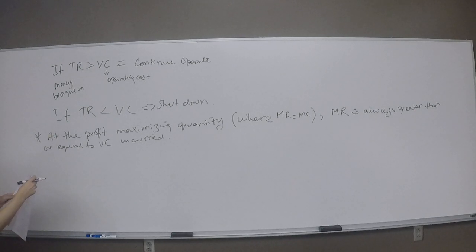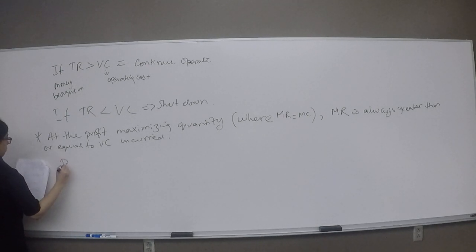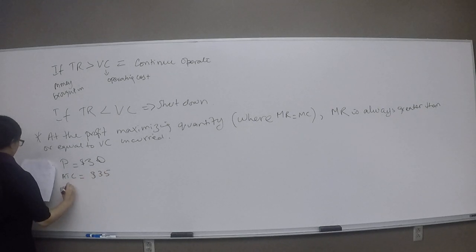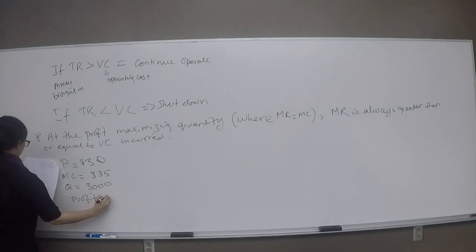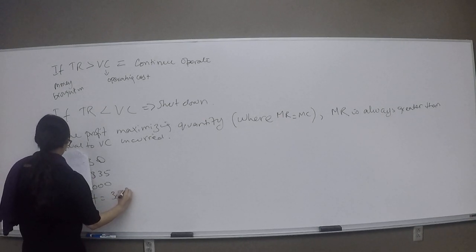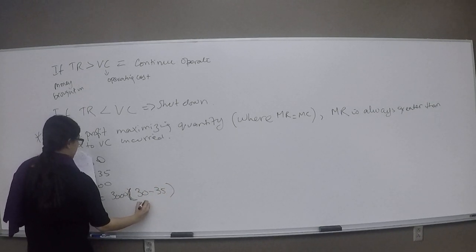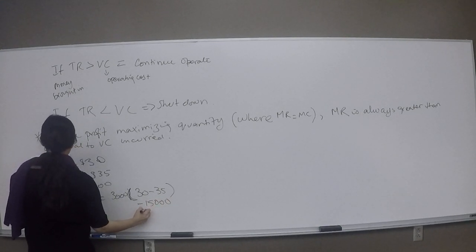So in the example that we were doing, where price was $30, this is something that's already in your notes. Average total cost is 35, quantity is 3,000, and we calculated profit by using 3,000 times 30 minus 35, negative 15,000 was your profit.